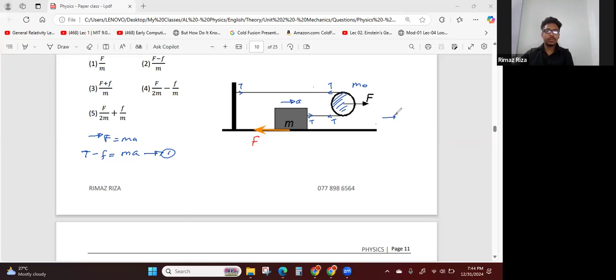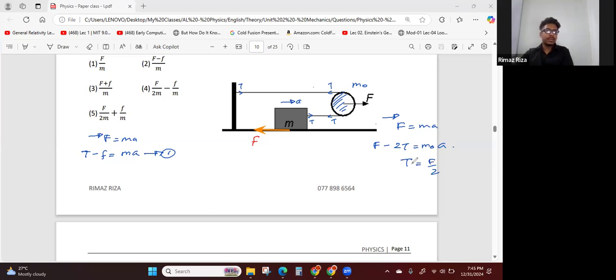Then if I use F equals ma in this direction, capital F minus 2T equals m naught times acceleration. But here m naught is 0, so we get T equals F over 2.